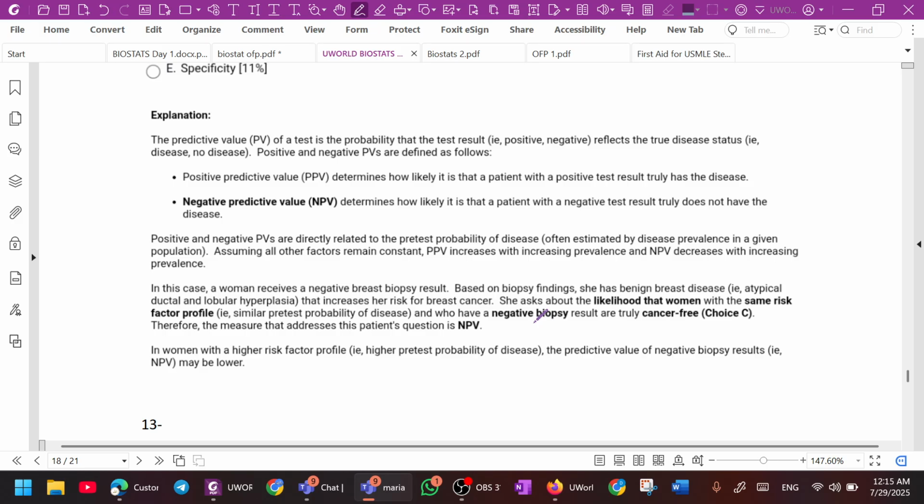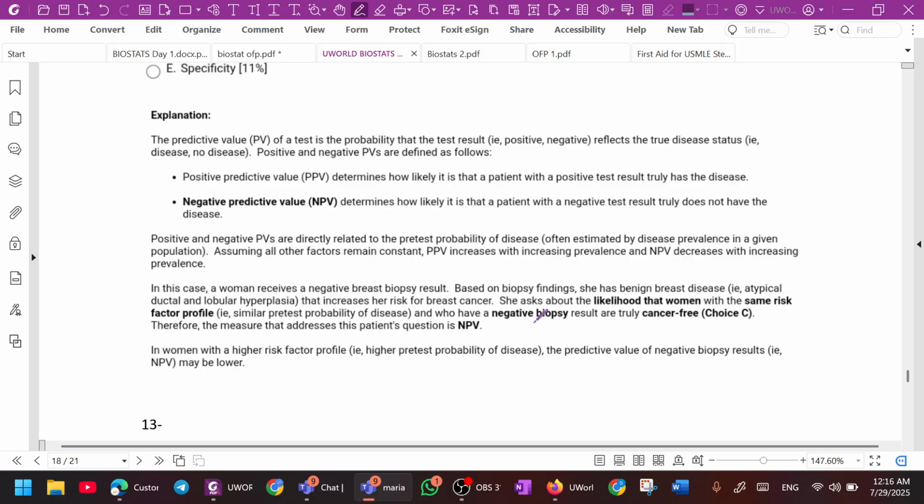The predictive value of a test is the probability that the result, positive or negative, reflects the true disease status. That is, disease, no disease. Positive and negative predictive value are defined as: positive predictive value determines how likely it is that a patient with a positive test truly has the disease.